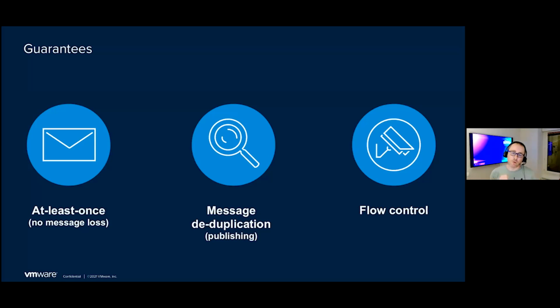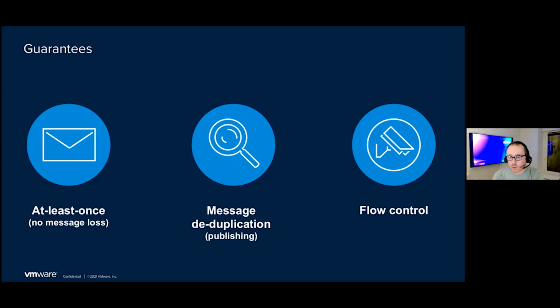And if you have one message for each of these values of this sequence, you can make sure that messages are deduplicated if you send the same messages. This is something that we have only in the stream protocol because it's not built into AMQP.